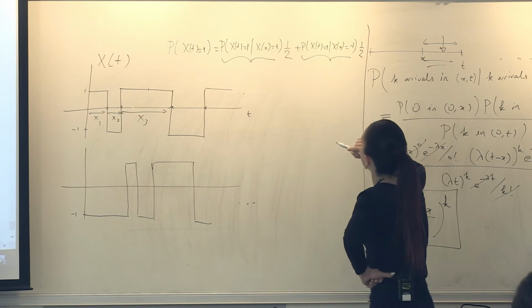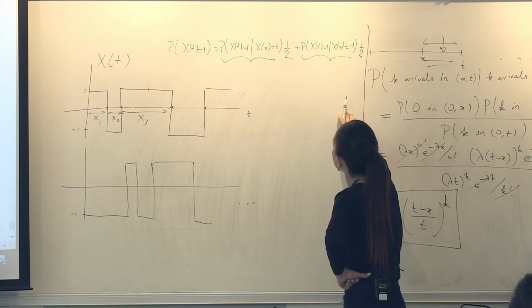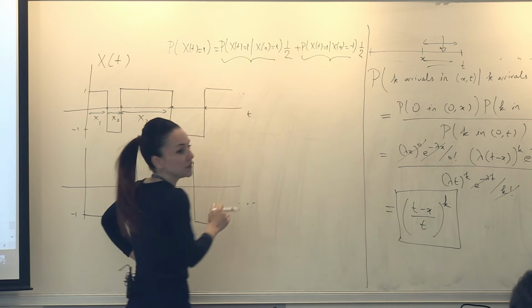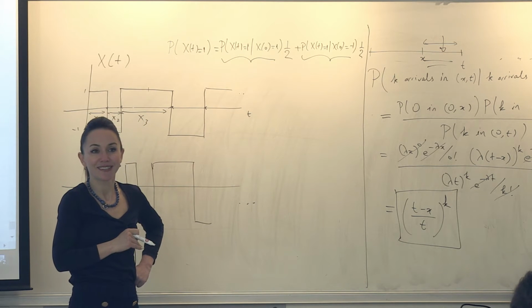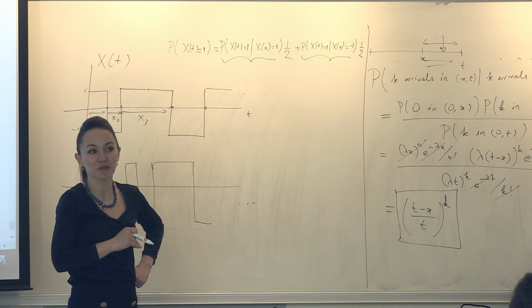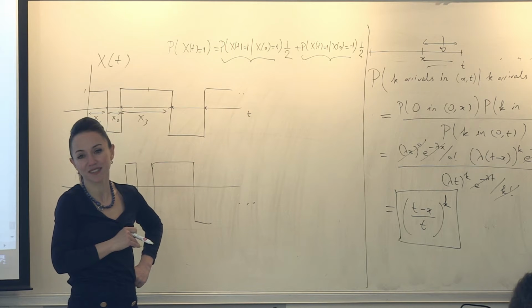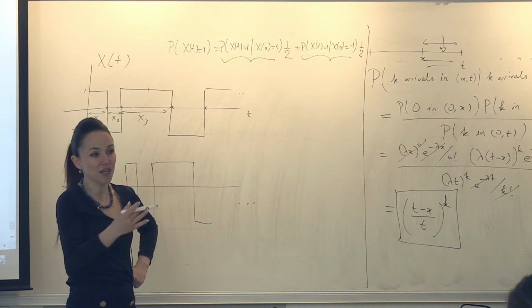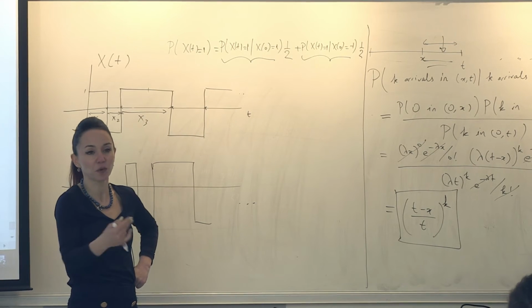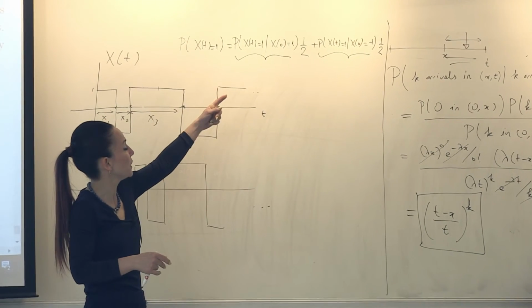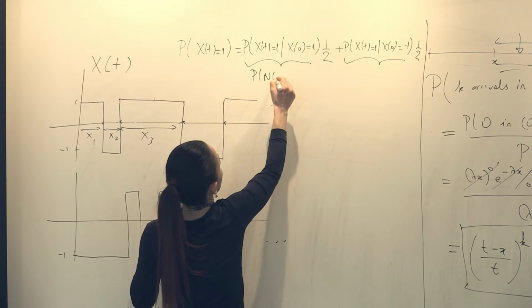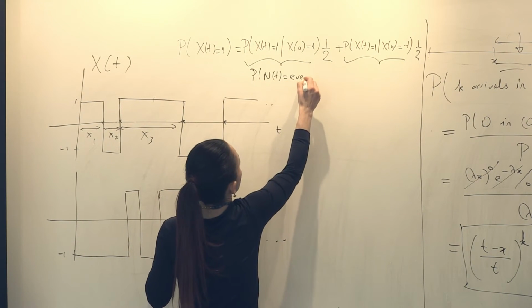Now, clearly, this will be true if there's an even number of polarity changes from time 0 to t. Do you see that? Because if the polarity does not change, or changes twice, or changes 4 times, I'm going to be going back from 1 to 1. So this is the probability that n of t is even.